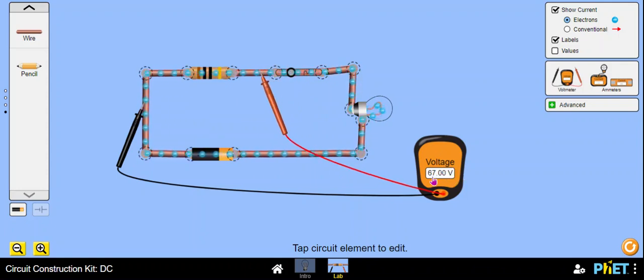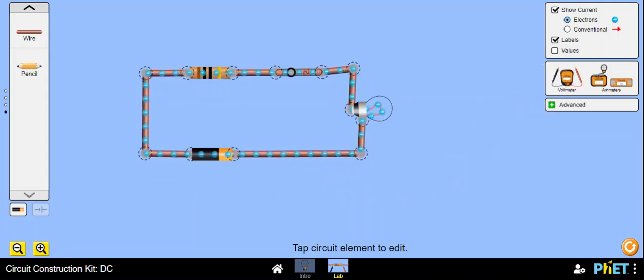See, it gives you the reading, but it must be connected in parallel. So at every point, it gives you the figure. A voltmeter is used to measure the amount of voltage in a circuit, while an ammeter is used to measure the amount of current in a circuit. A voltmeter is connected in parallel, while an ammeter is connected in series. So take note of this.